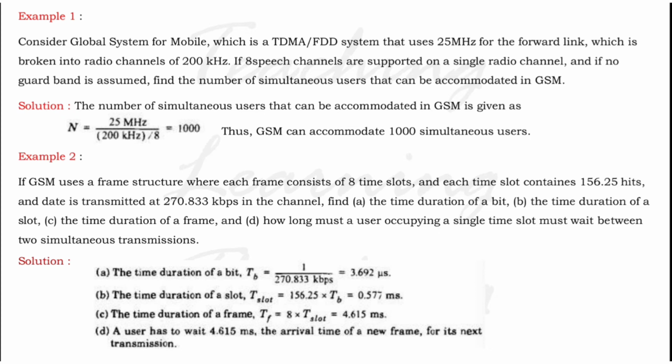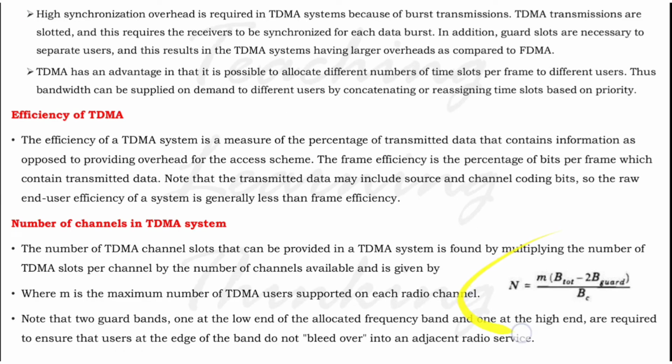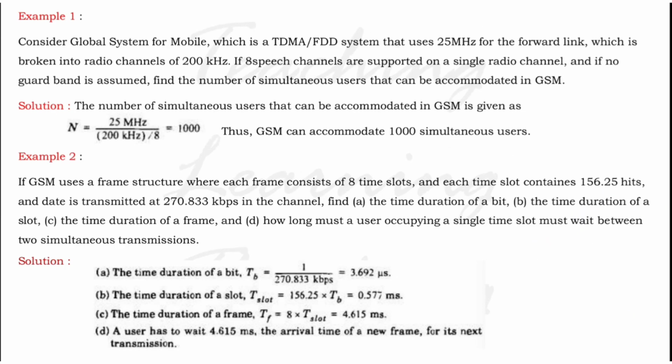So the equation you can use is N = m(B_tot - 2B_guard)/B_c. Applying it, 25 MHz divided by 200 kHz, multiplied by 8, equals 1000. So GSM can accommodate 1000 simultaneous users.